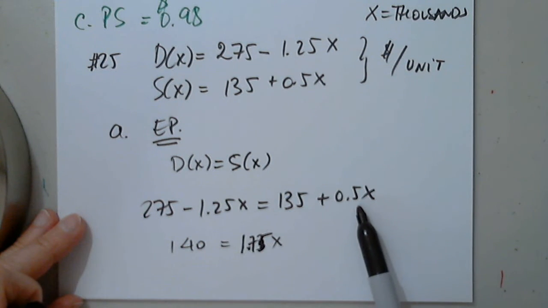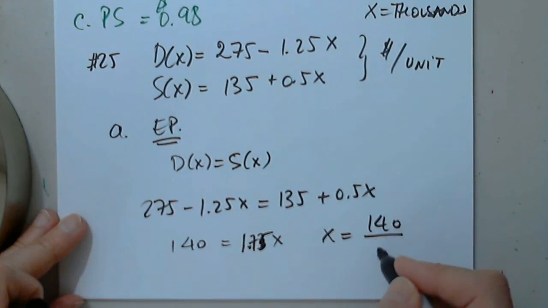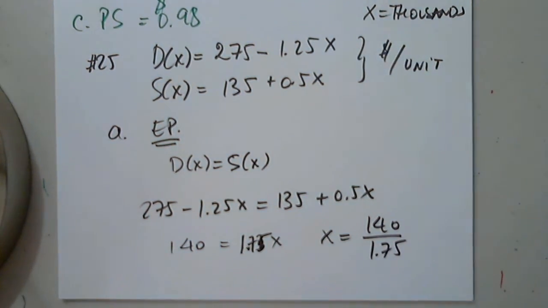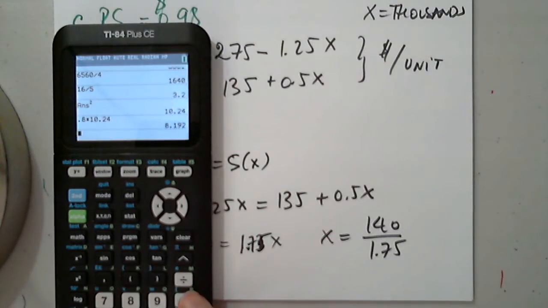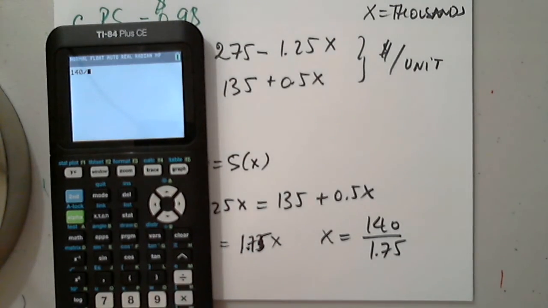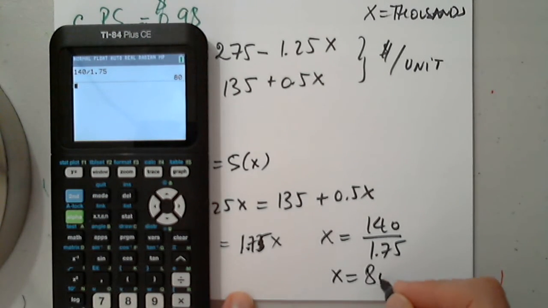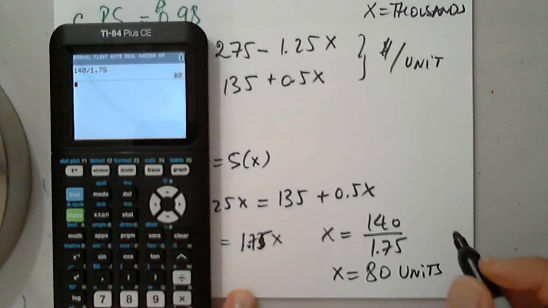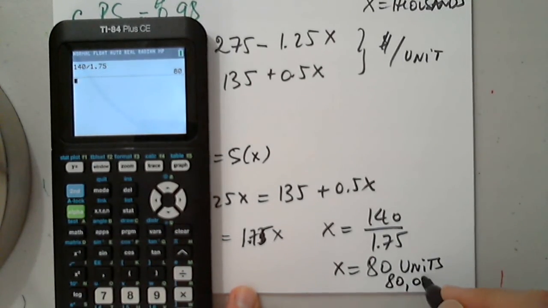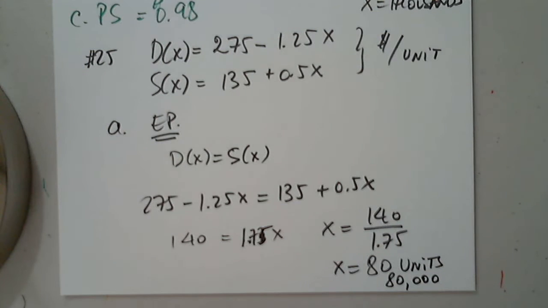So 1.75 on this side and 140. So X equals 140 over 1.75. Okay, much nicer. Thank you. Units, but it's 80,000 actually.